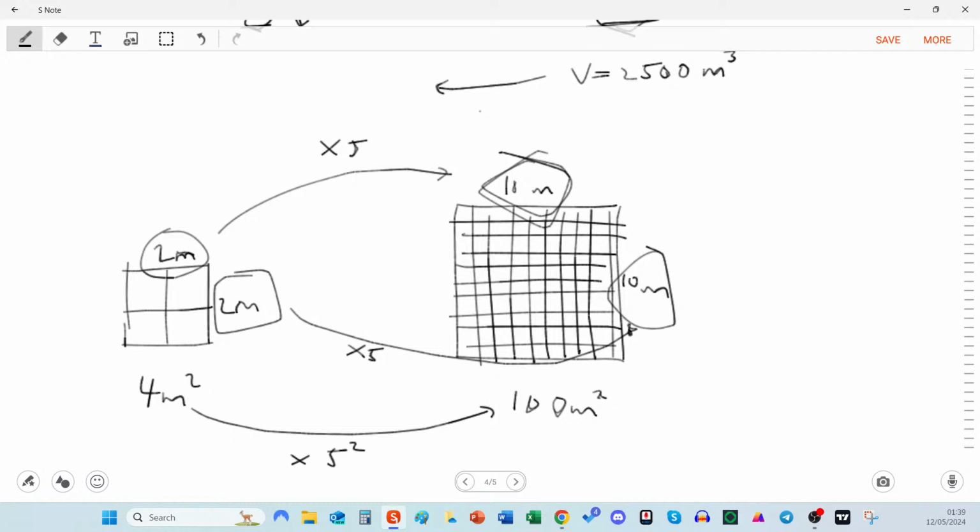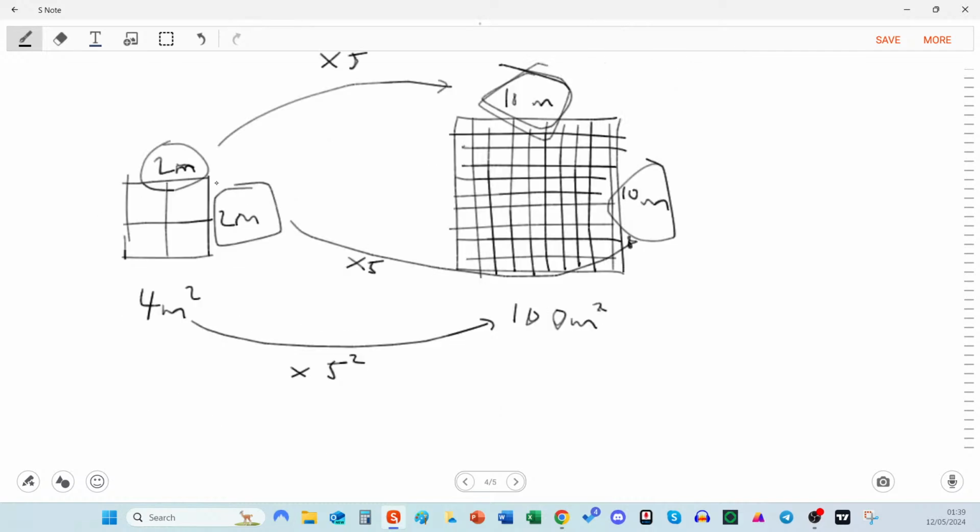And I think you can see it easier in the calculation. So the area of this one here would be 2 times 2. And if you were to multiply both sides by 5 to make that shape scale factor 5, you would get 2 times 5 to make that side bigger, and 2 times 5.